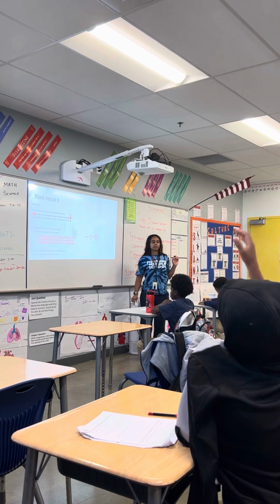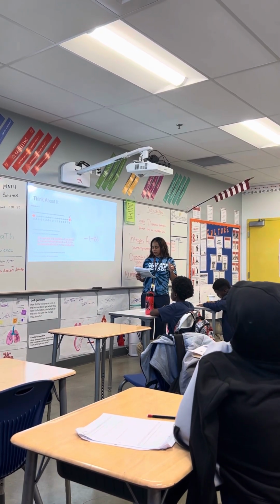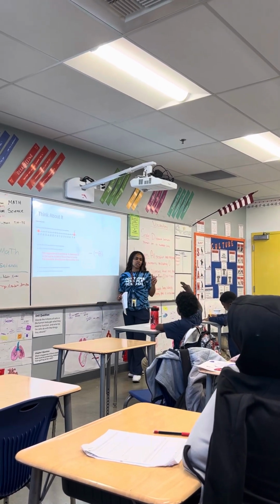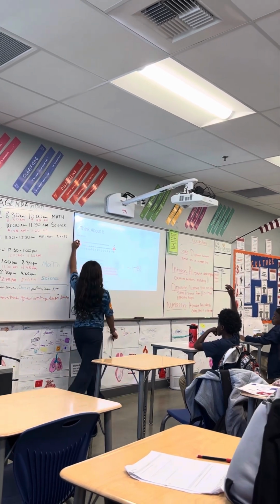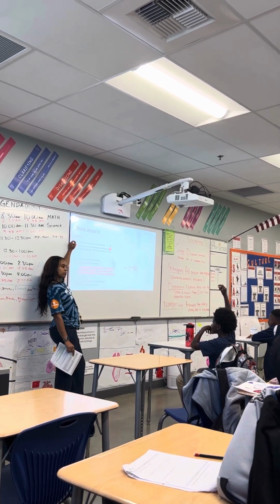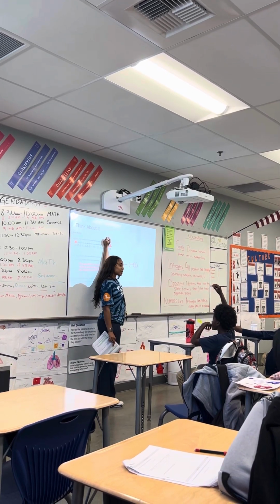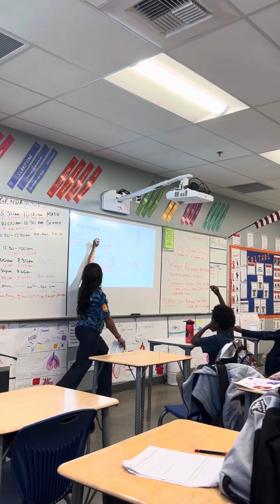Oscar: Positive 8. Yeah. It will be positive 8, so let's check your work. We have the opposite of 8 will be negative 8, and the opposite of negative 8 goes back to 8.